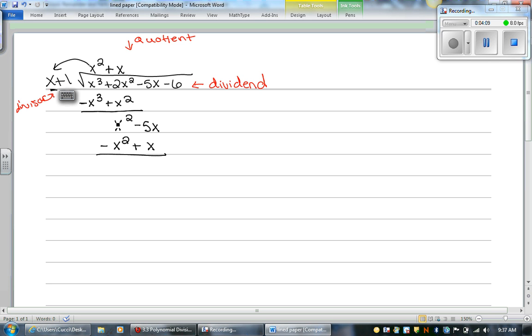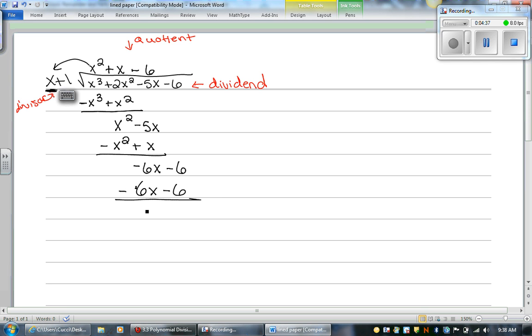Again, those first two terms will cancel. Then negative 5x minus x, because we're distributing that through, gives minus 6x. Drop the minus 6. Same process: how do I get x to be negative 6x? By multiplying by negative 6. Distribute it back through: negative 6x minus 6.